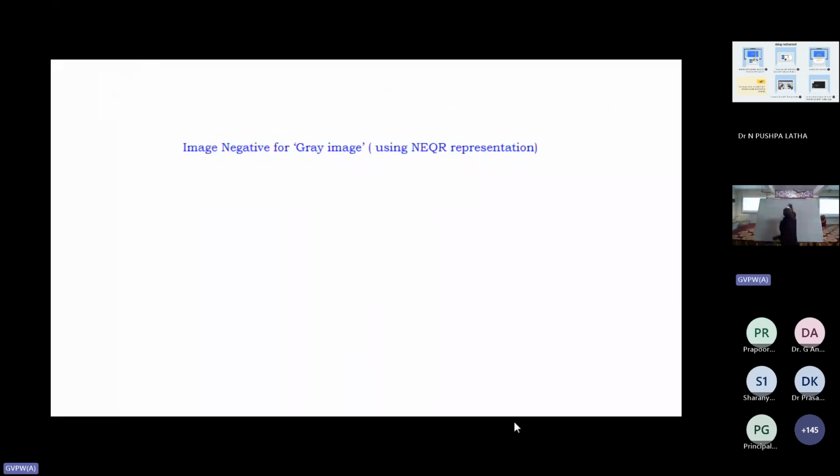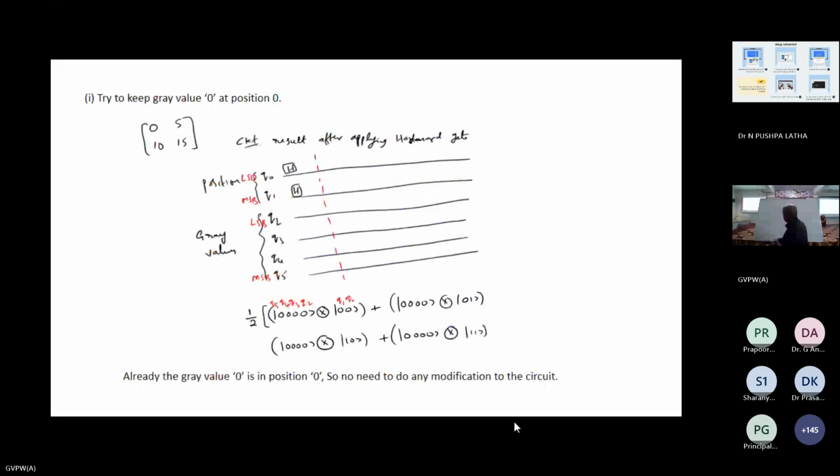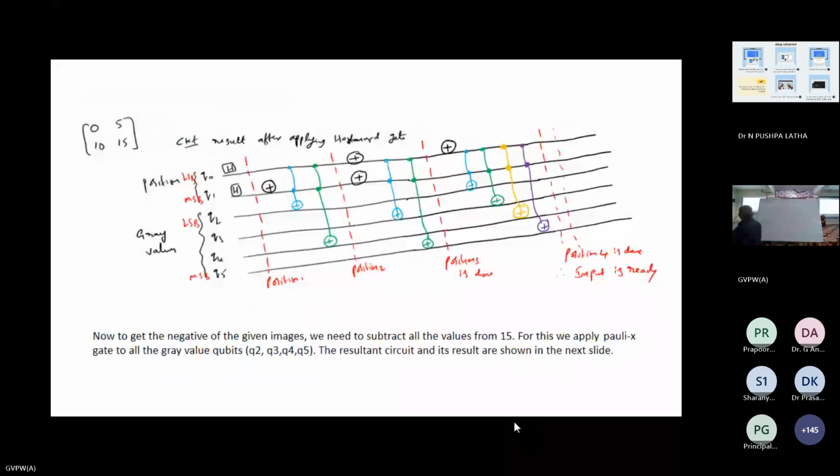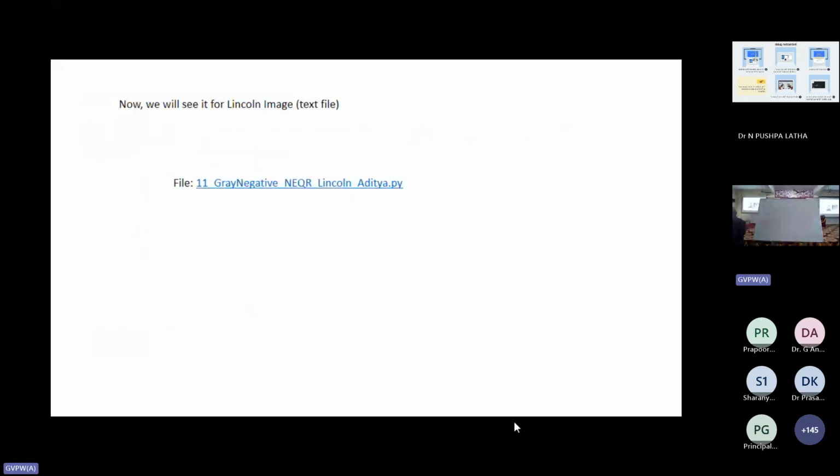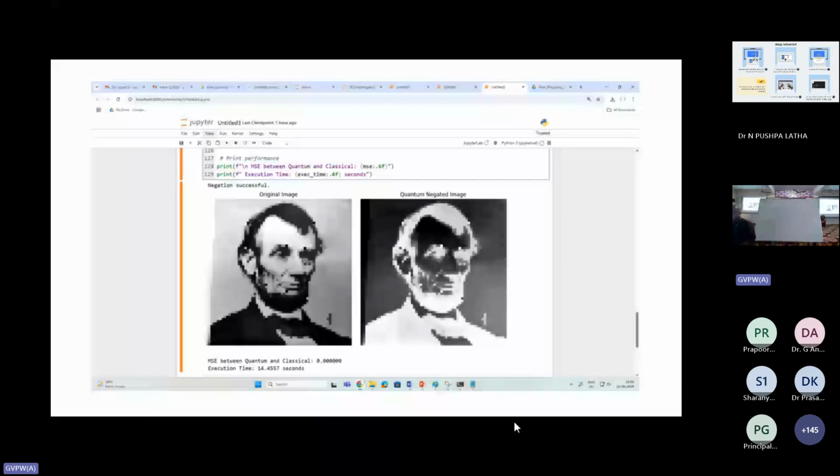Inside the computer, a photograph is nothing but a two-dimensional array. When you open a photograph by using any image processing software, you will see it as an array with some numbers, 2, 3, 4, 5, 7, 2, like that, based on the size.